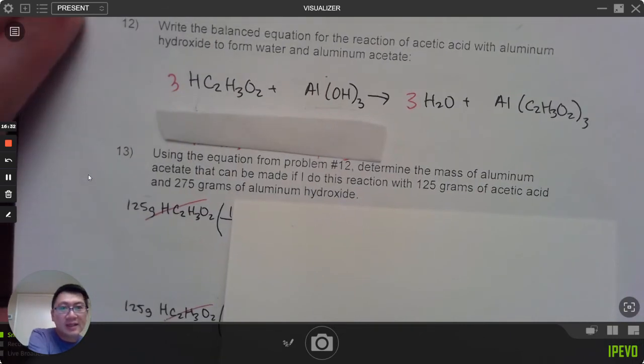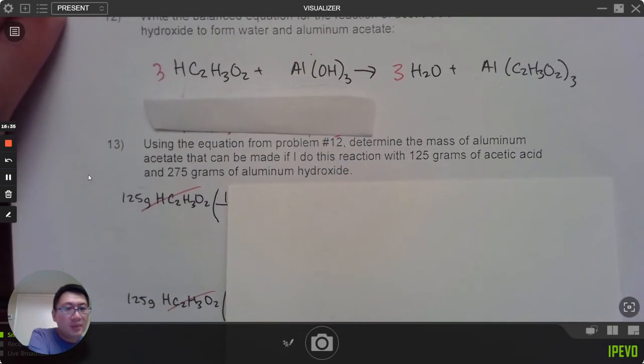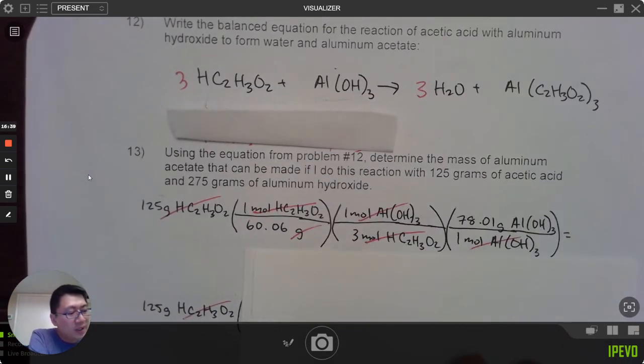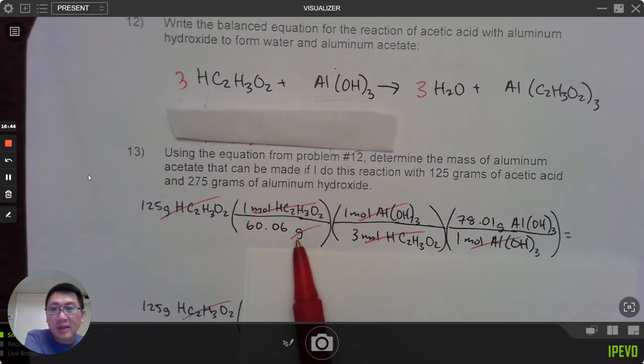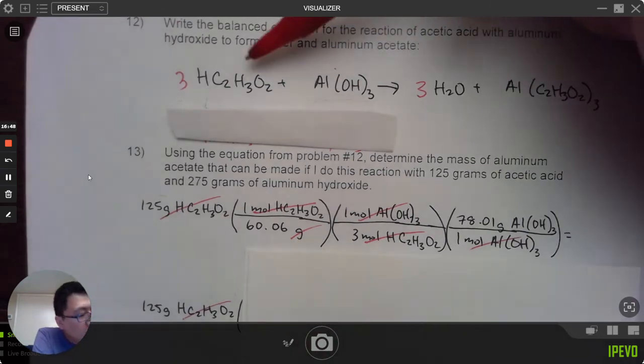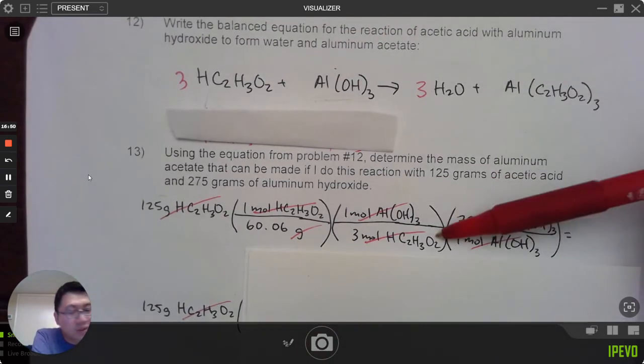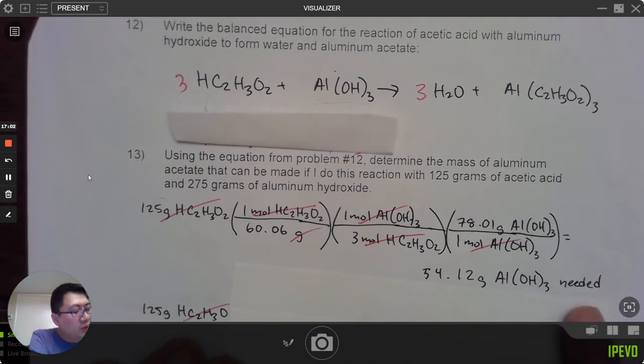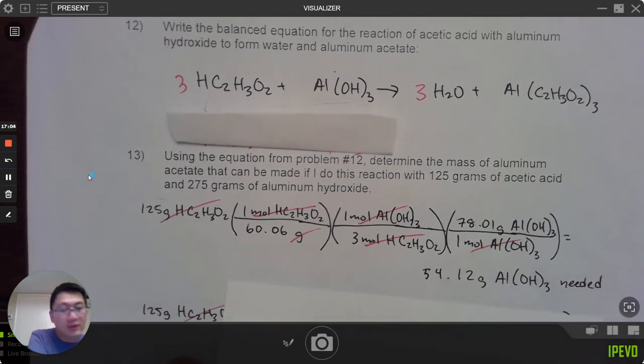Here's all that work: change grams to moles, divide by the molar mass, which was 60. Then I know it's a 1 to 3 mole ratio, 1 mole aluminum hydroxide to 3 moles of acetic acid. Then change moles back into grams. On my calculator, I got 54.12 grams of aluminum hydroxide needed.